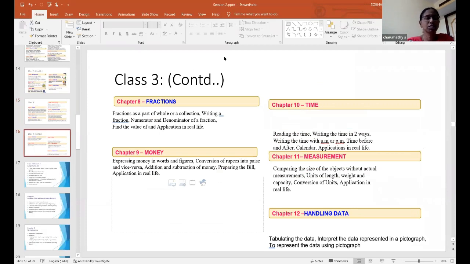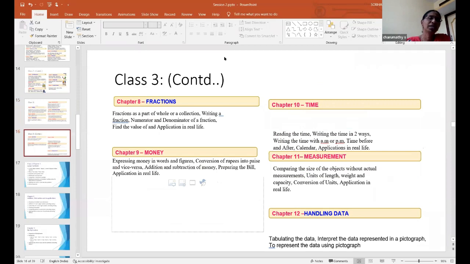This 8th chapter is a new chapter for class 3, which is fractions, which is going to be there for them till their class 10 and 12. Here we are not going to give them like fractions, unlike fractions, equivalent fractions, nothing of that sort. We are just introducing fractions as a part of a whole or a collection, only using objects.